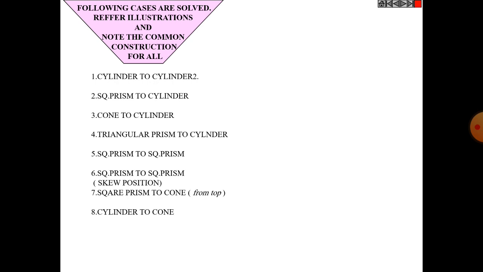Second, square prism to cylinder. Third, cone to cylinder. Fourth, triangular prism to cylinder. Fifth, square prism to square prism. Sixth, square prism to square prism in skew positions. Then square prism to cone and cylinder to cone.